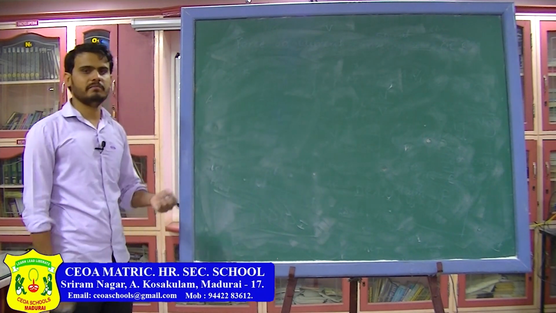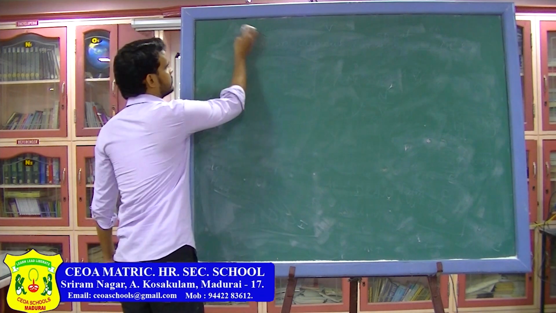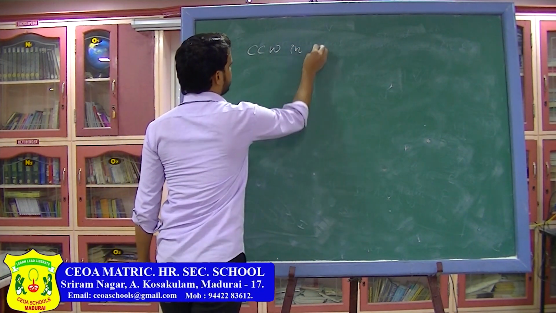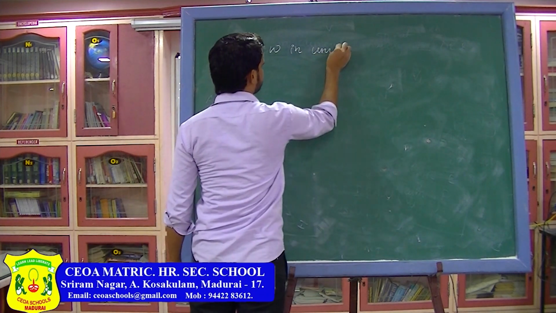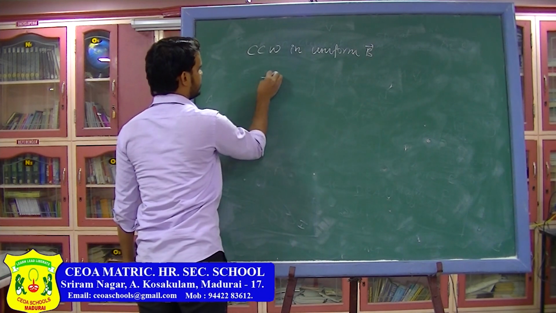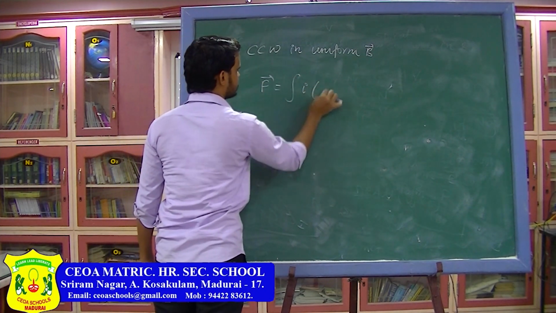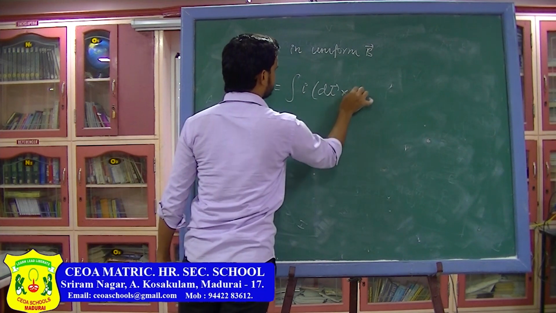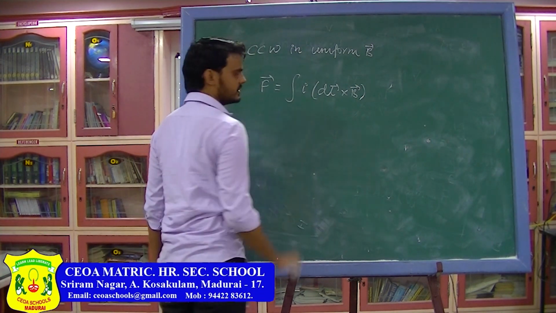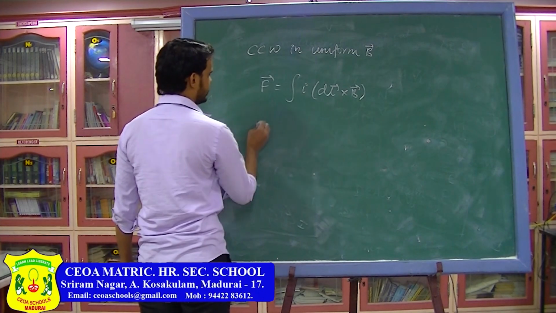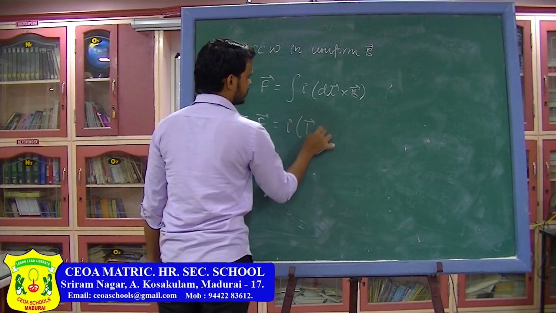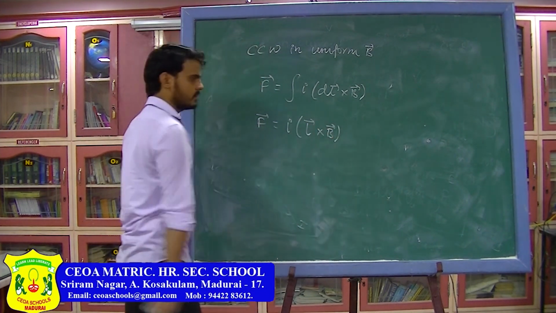So now we will see what happens if the magnetic field is uniform. So, current carrying wire in a uniform magnetic field. The force can be written as the integration of I dl cross B. Here the magnetic field is constant, current is also constant, so I can write the total integration as F equals I L vector cross B vector.